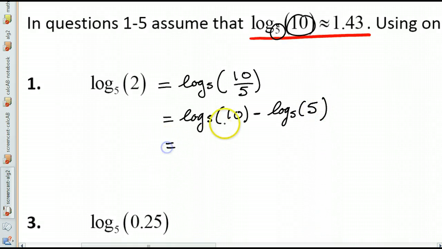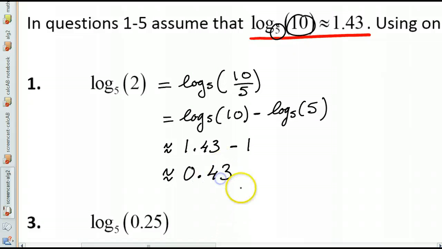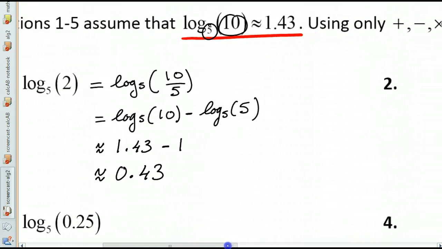The log base 5 of 10, well, that's actually, I need to use the squiggly sign right here, is about 1.43. And the log base 5 of 5, well, that's just 1, right? And so the answer is about 0.43.